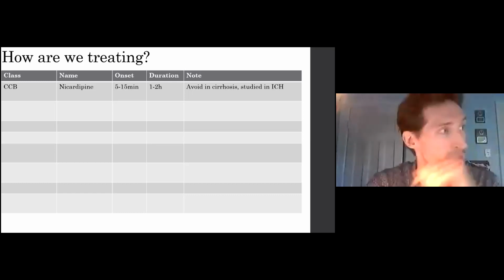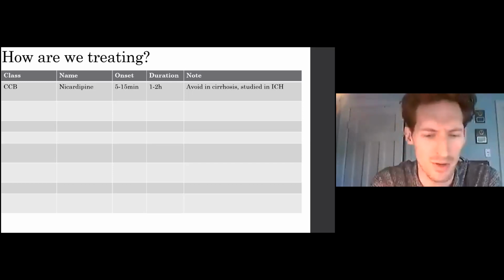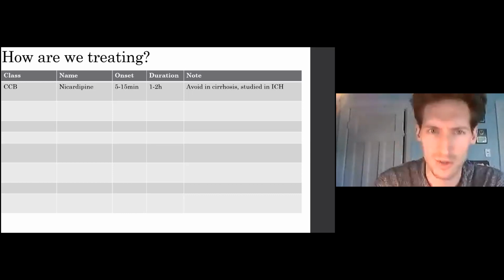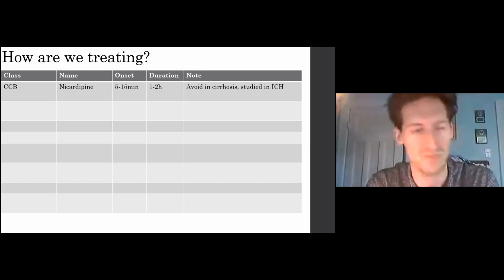So nicardipine is particularly used in neuro patients. I know that we use it a lot at the SHIM. Fairly quick onset. Duration is kind of borderline.